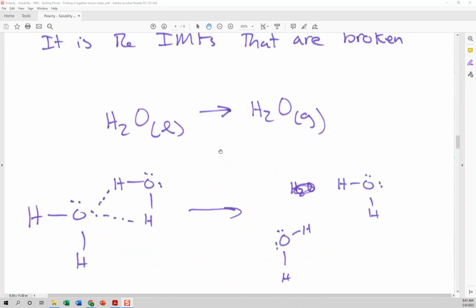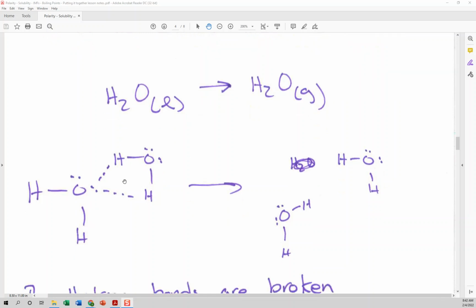But let's understand what we're doing here. When H2O liquid goes to H2O gas, we're not breaking the individual water molecules apart. Those bonds stay intact, right? What are we breaking from the liquid state to the gas state? We're breaking those intermolecular attractions. So remember, this would illustrate as hydrogen bonding between water molecules, right?